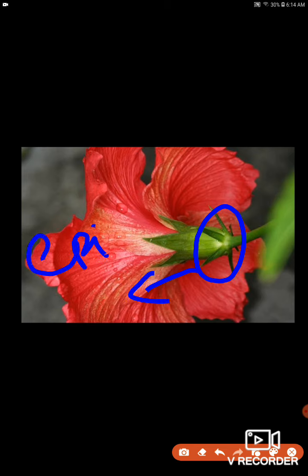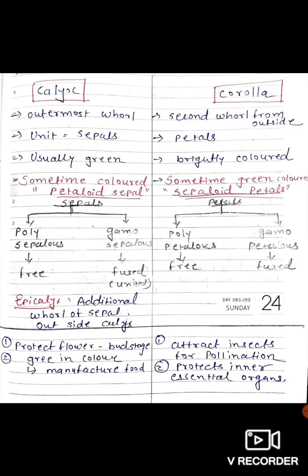See, in this figure, this part, they are also sepals, but they form an additional whorl outside the calyx. So this is called epicalyx.